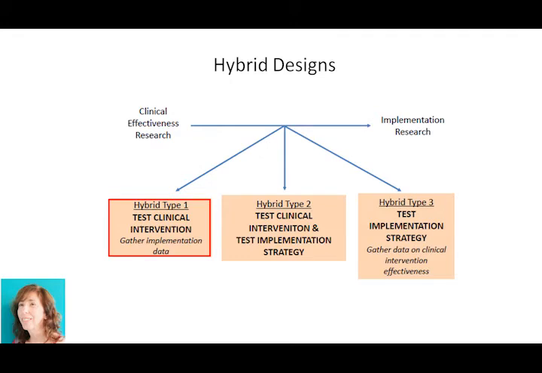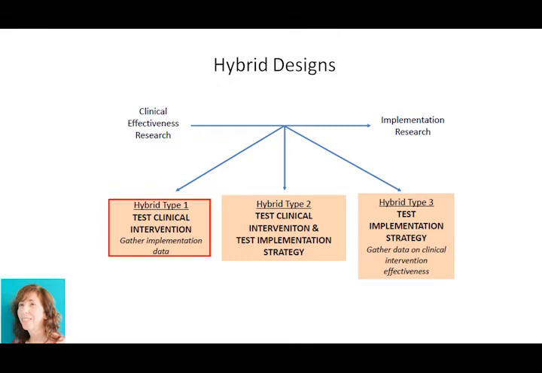A type 1 hybrid is focused primarily on the clinical effectiveness outcomes of an intervention while exploring the implementability of the intervention. I mean, in this type of hybrid, we test the effectiveness of the intervention, that is, what are the clinical or prevention outcomes. That's the primary aim of the study.